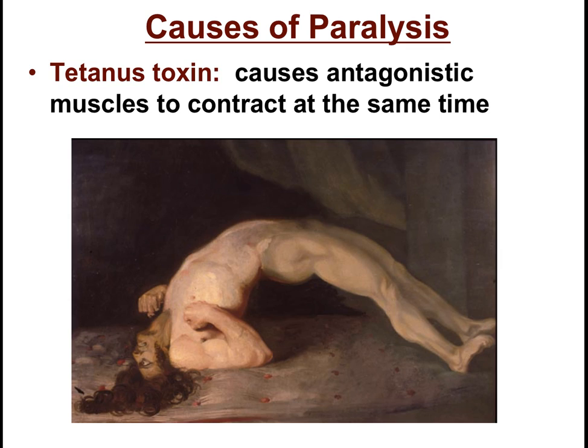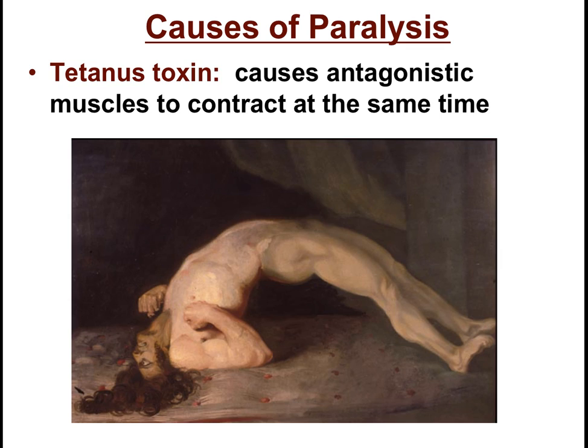You also have the case, a different type of toxin, this one caused by a bacterial infection. Tetanus is what results when your antagonistic muscles contract at the same time. This is a case where the exposure to this toxin causes an involuntary release of acetylcholine and causes the muscles to all move without being directed to do so by the motor neurons.